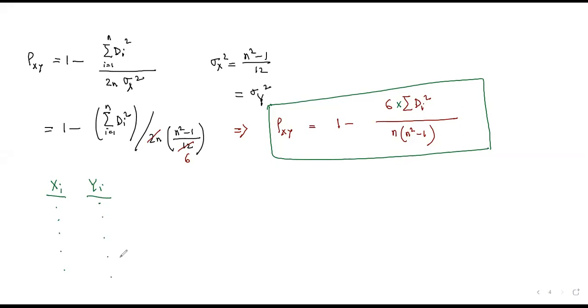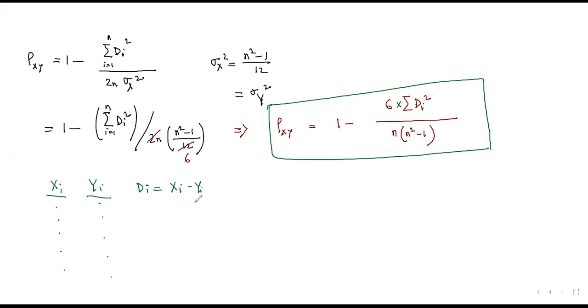We'll assume that no two individuals have the same rank, and since summation di square is in the formula, we will first calculate di by subtracting one from the other.